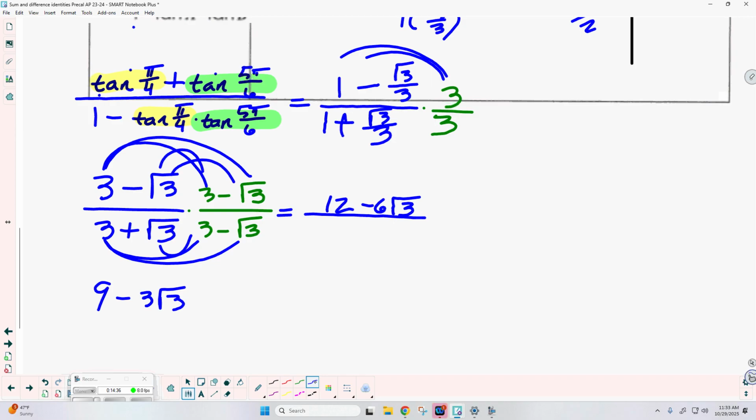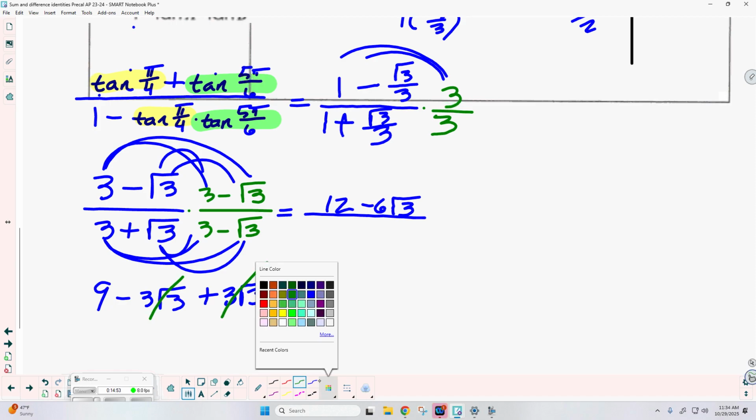Inside, I get a positive 3 root 3. And then a root 3 times a negative root 3, well, that's just minus 3. Okay, when you're multiplying conjugates, your outside and your insides become opposites. So 9 minus 3, that's 6. Is everybody okay?